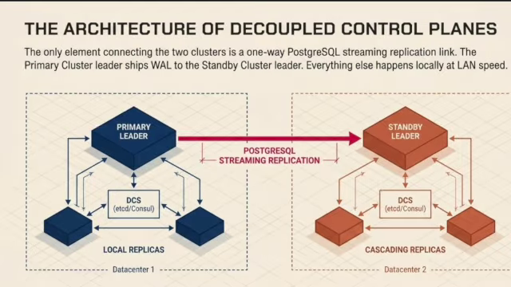This is a cascading replication across data centers. The standby cluster runs its own leader election, which means the standby cluster has its own separate etcd group on its nodes. The standby is still following the current primary.